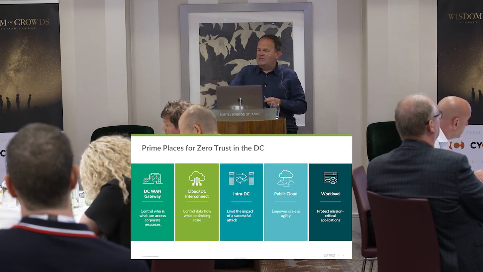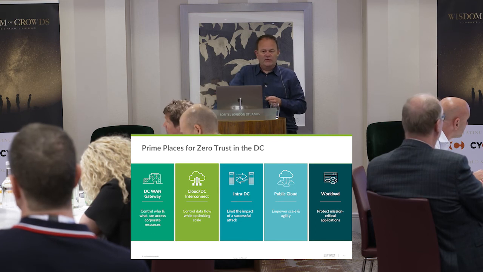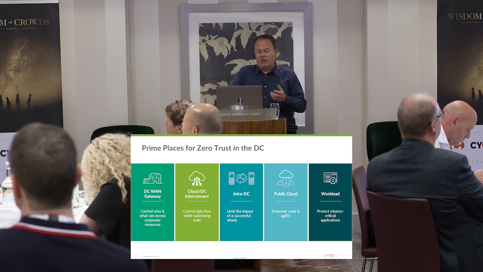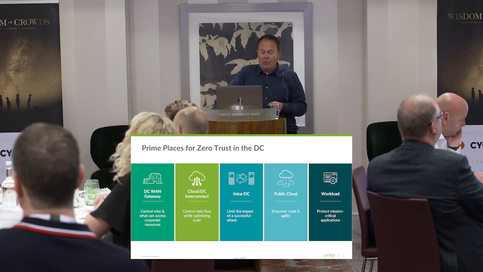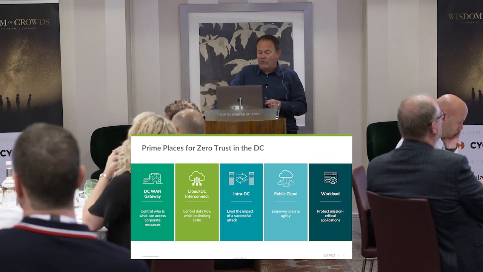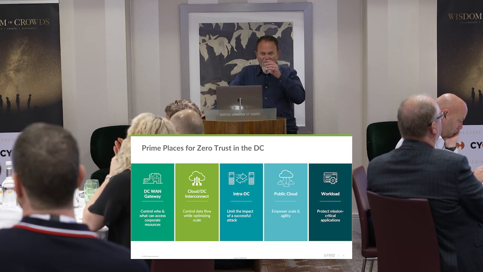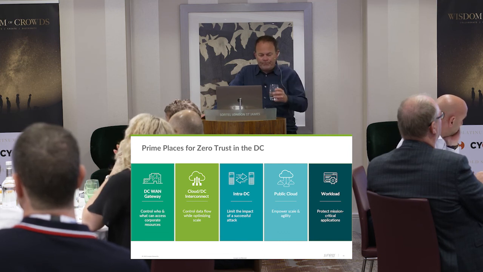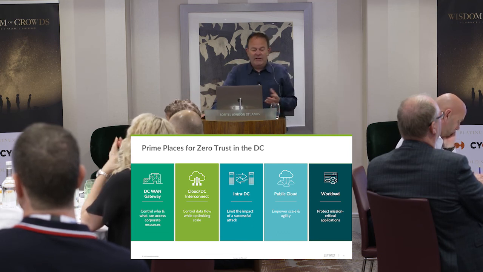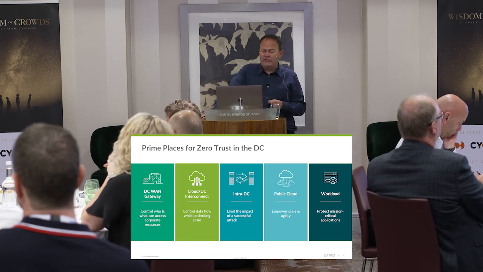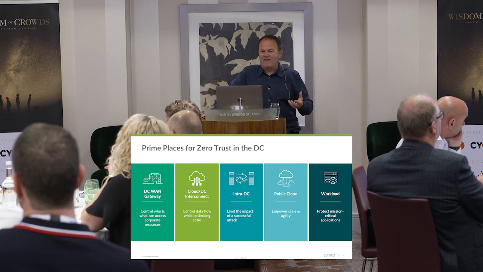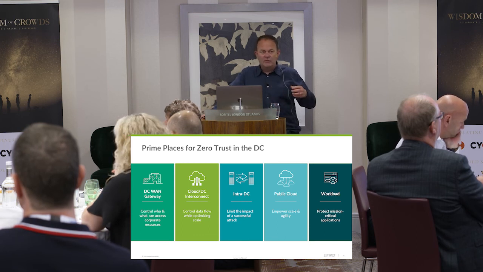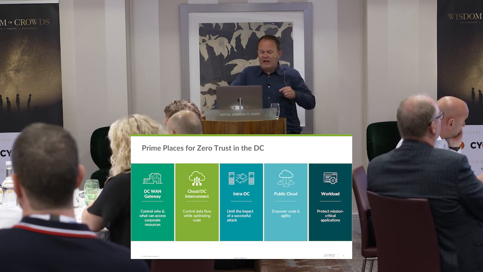And then some prime places where you might want to think about using zero trust in your data center. So at the gateway, being able to control who has access to what in the way of corporate resources and what they're able to do. In your interconnects, being able to control the data flow on the interconnects whilst making sure that people actually still have access and optimizing the flows as the network needs to scale up and down on its own.